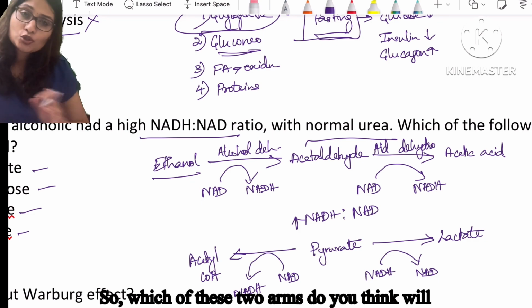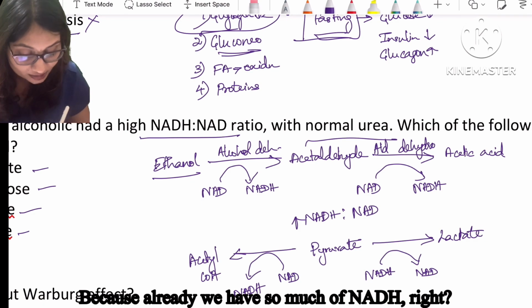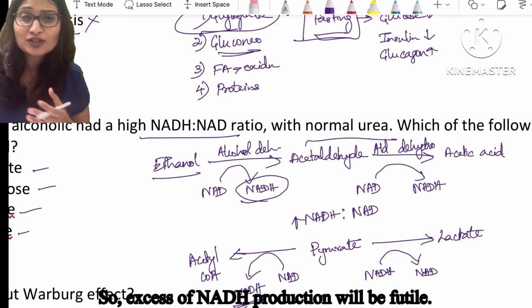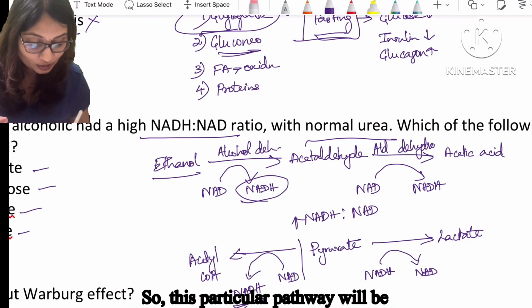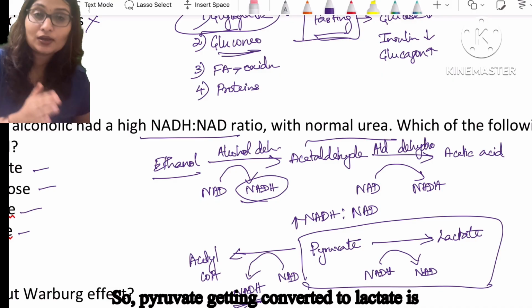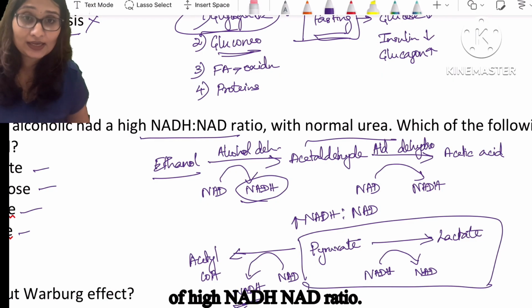Which of these two arms will be active in an alcoholic? Already we have so much NADH, so excess NADH production will be futile. The body will try to use up NADH, so this particular pathway will be predominantly active. Pyruvate getting converted to lactate is what is happening in an alcoholic because of high NADH-NAD ratio.